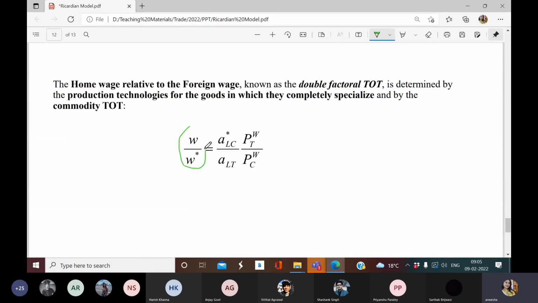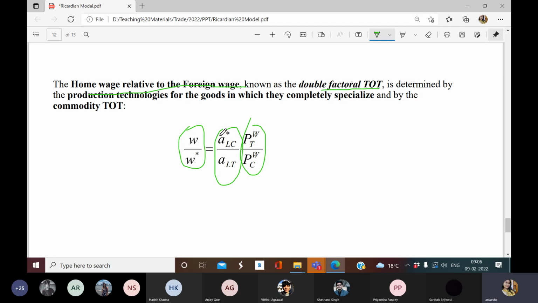Now you can write down the double factorial terms of trade, or the ratio of the wages of the two countries, W by W star, the home wage relative to the foreign wage. This is called the double factorial terms of trade. It is determined by the commodity terms of trade, PTW by PCW, and the production technology, because ALT is reflected in terms of the production technology.